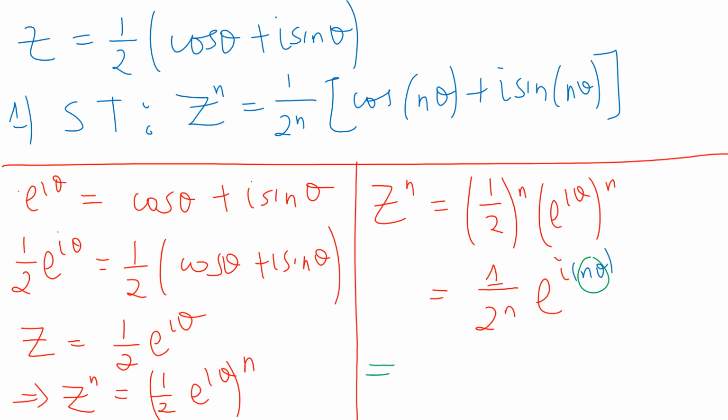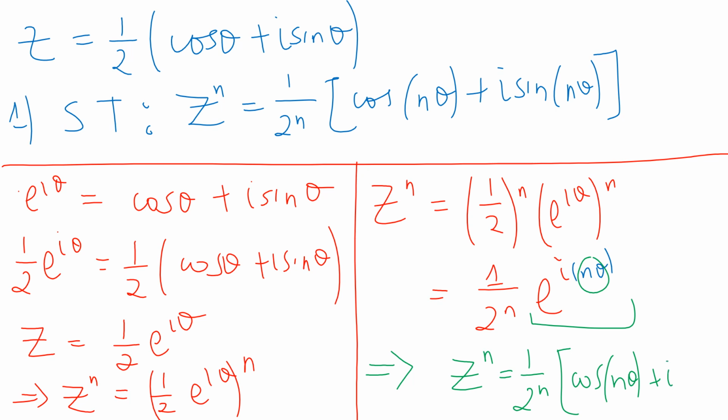So at the end of the day, z to the n is equal to 1 over 2 to the n. Now I transform this back into the trigonometric form: the cosine of the argument plus i, the sine of the argument. I think you can complete it. The proof is complete.